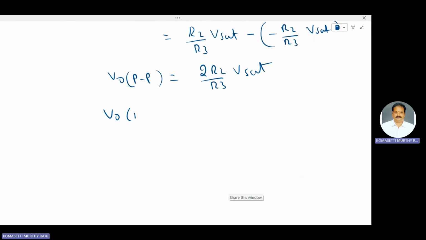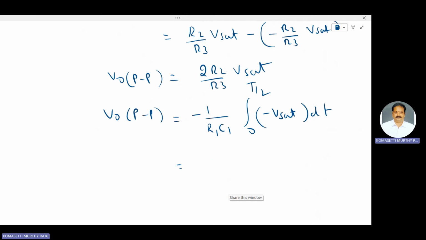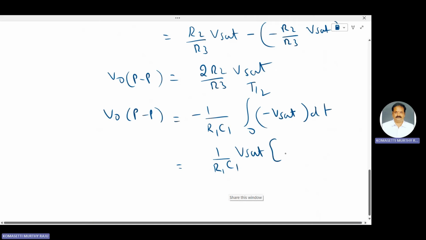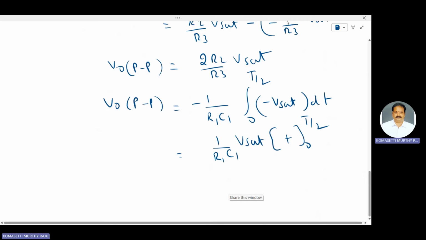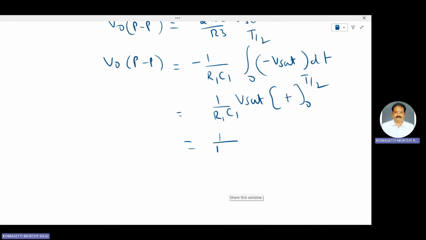V0 peak to peak is equal to minus 1 by R1 C1 integral 0 to T by 2 of minus V sat dt. That is equal to 1 by R1 C1 V sat, with the integral of 1 dt being T, from 0 to T by 2. That is equal to 1 by R1 C1 V sat into T by 2.